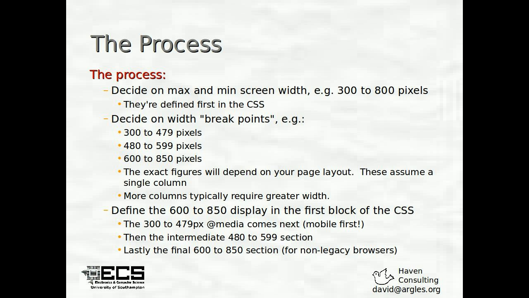Now, the exact figures will depend very much on your page layout, and the examples I'm giving here assume a single column. If you have a multi-column website, then more columns typically require greater width.